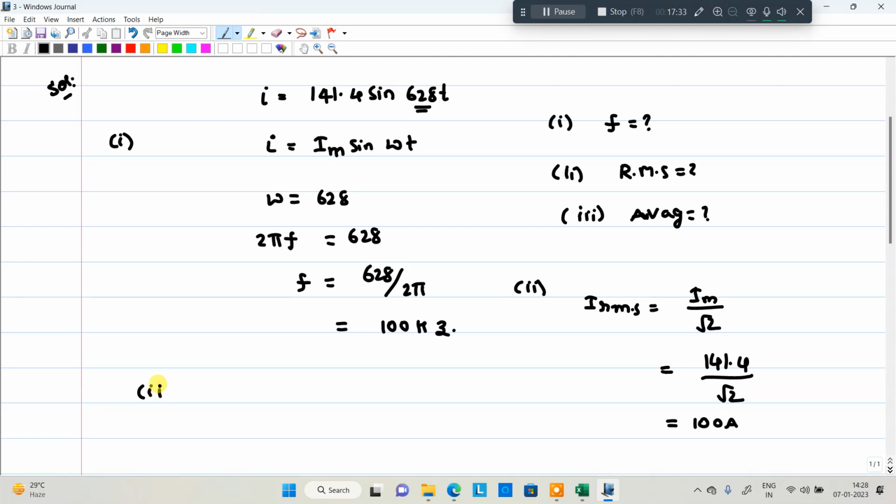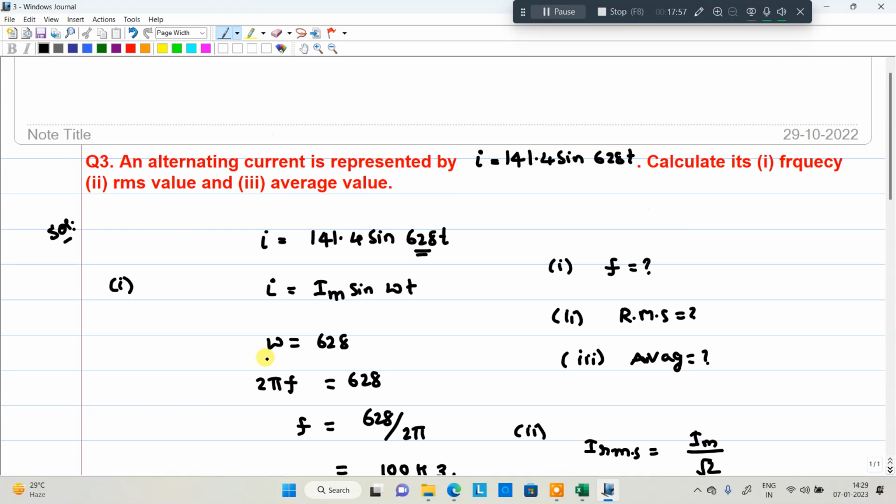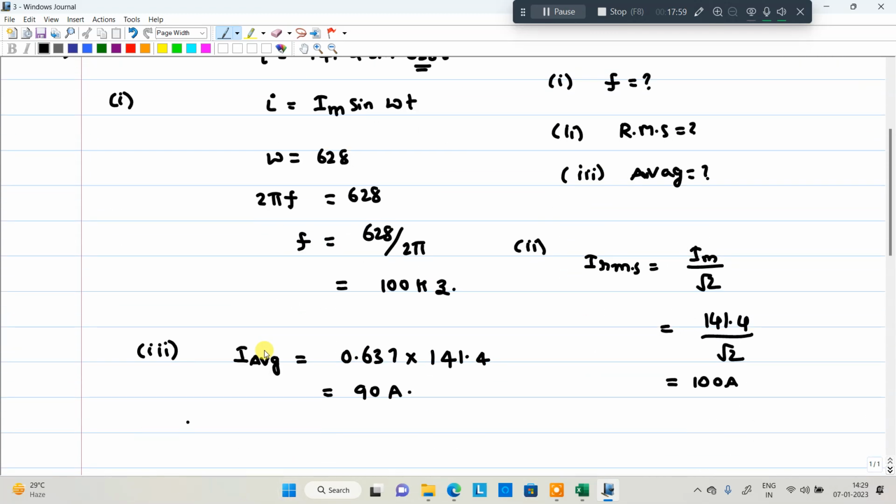Third one, average value. I average is equal to 0.637 Im. All these formulas we explained in the second video, lecture number 2, so just go through that, then you can watch this. Approximately we get 90 amperes. This is about all the problems related to phase and phase difference and different values, RMS value and average value calculations. Okay, thank you.